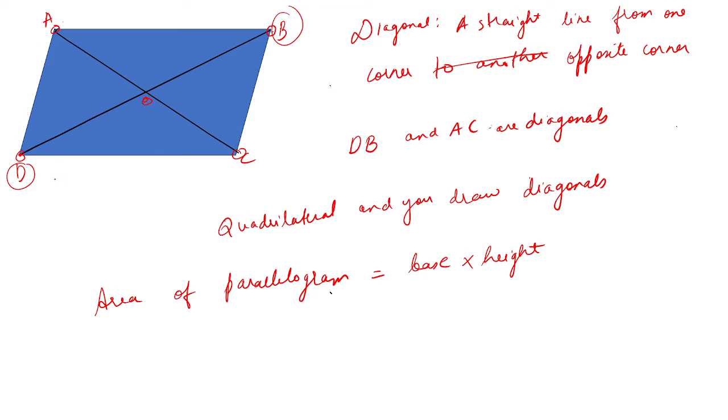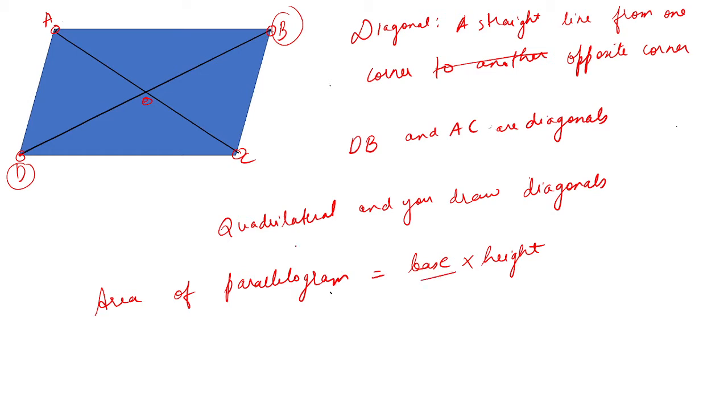Obviously, for this given diagram you can see DC as the base, but you can try changing the direction of the diagram. If you flip the diagram, you'll find that BC also becomes the base. Clear? So the area of a parallelogram is base into height.